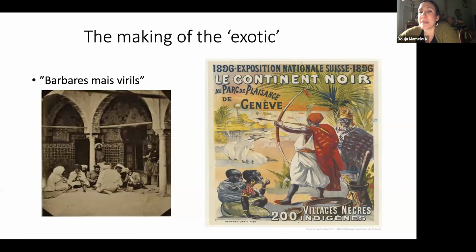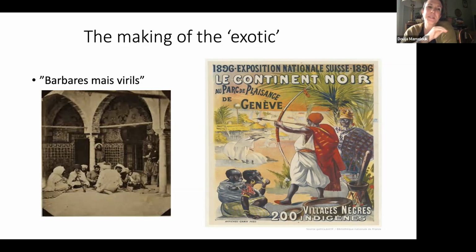Now I move on to the making of the exotic. Oftentimes we use the word exotic, and I don't think we realize in America how heavy and how loaded a term it is, because here, these photos from Algeria are somewhere between 1830 and 1870. So from the beginning of French colonization until 1870, mind you, French colonization in Algeria does not end until 1962.